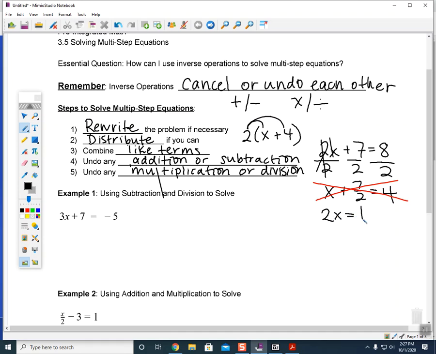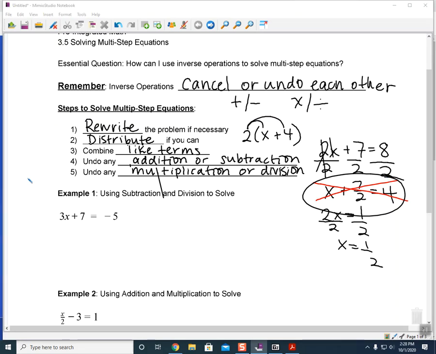This is much easier to solve. Then I just see that I can divide, and I get x equals 1/2. That does not look as easy if I were to keep it in this form. So that's why we do our addition or subtraction first. It makes it a much cleaner and easier equation to solve when I do it that way.